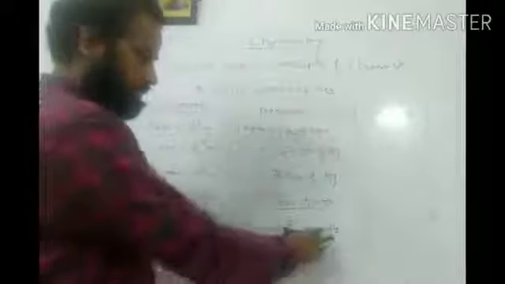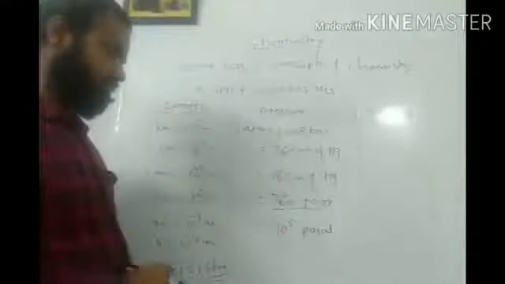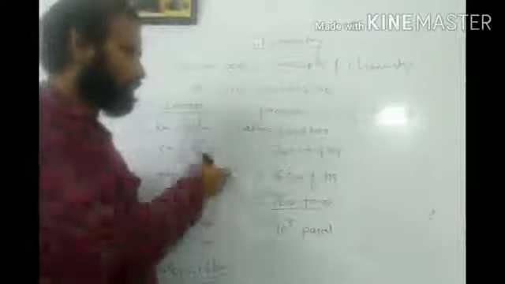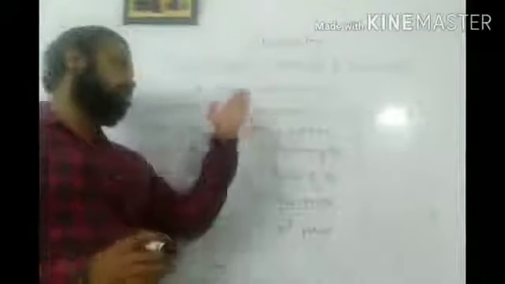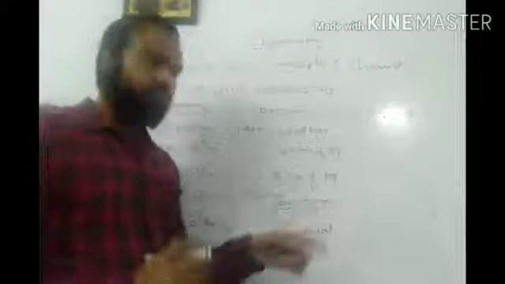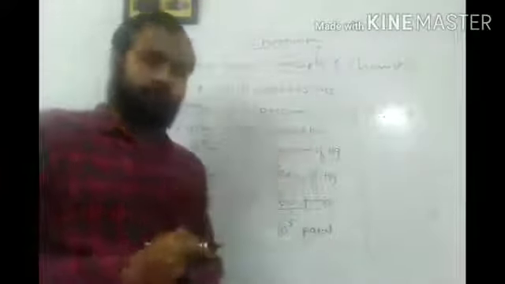Pascal is again a unit of pressure. 1 atmospheric pressure is equal to 10 raised to 5 Pascal. So in that way, if you know the unit conversions, you can easily solve problems based on such units. This is important again: 760 torr is equal to 1 atmospheric pressure.